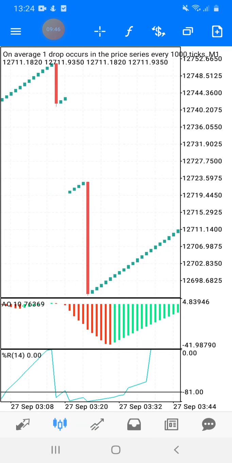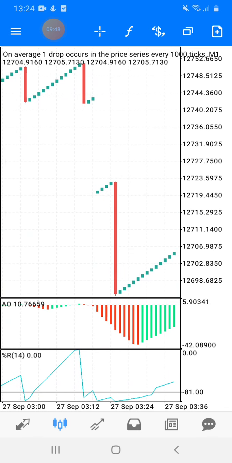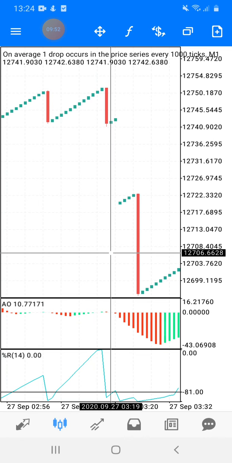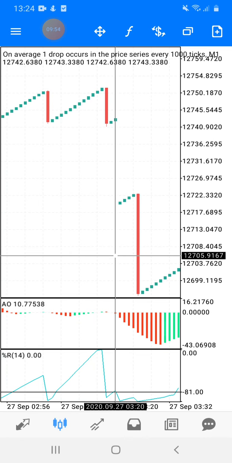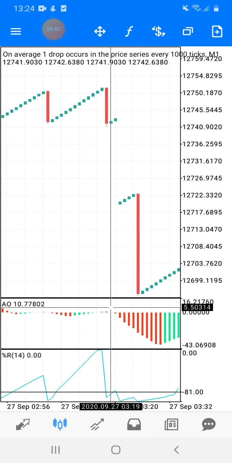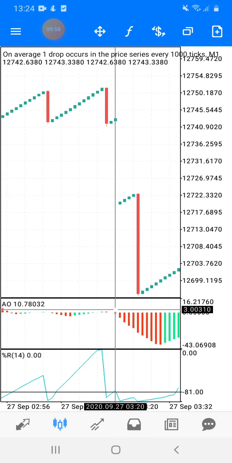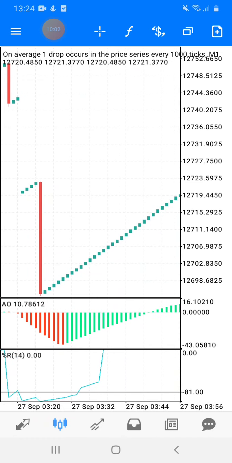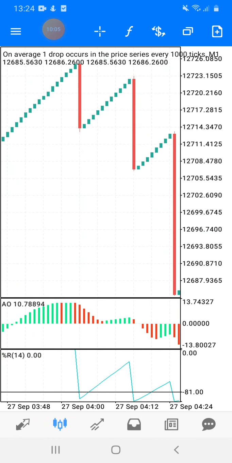We want a straight cut, and we're out of the trade. And also over here, this wouldn't have even been a viable trade to take because the AO is not below the zero line and it's not in negative, so we don't take that. So we're still up by 3 trades.